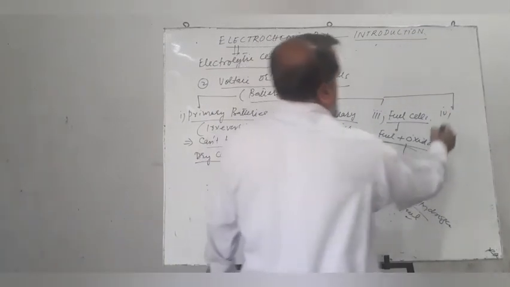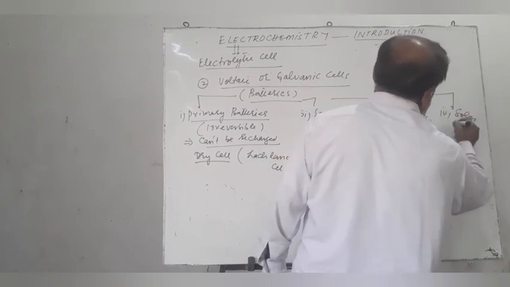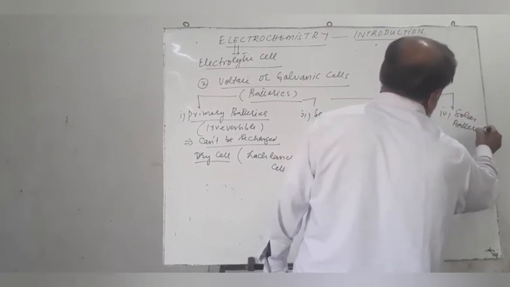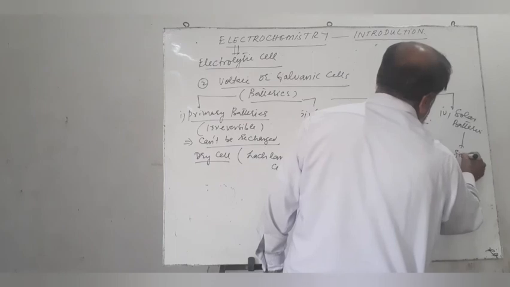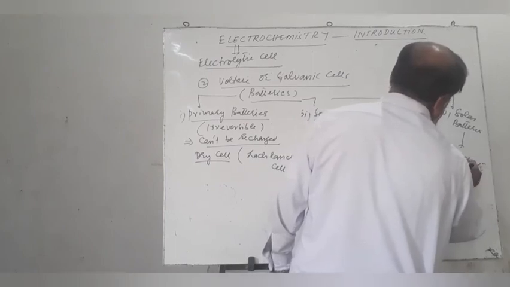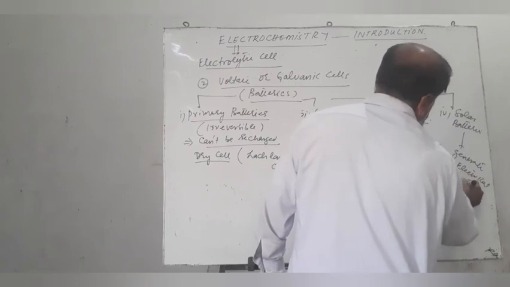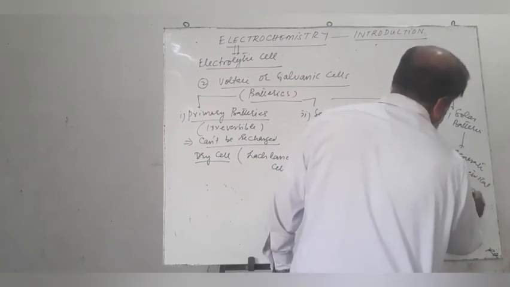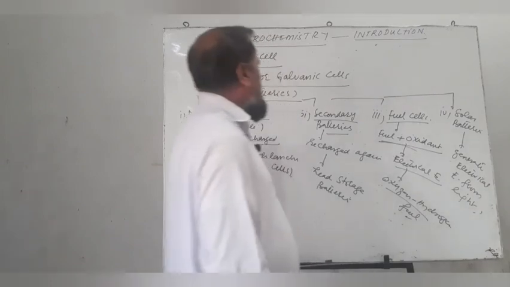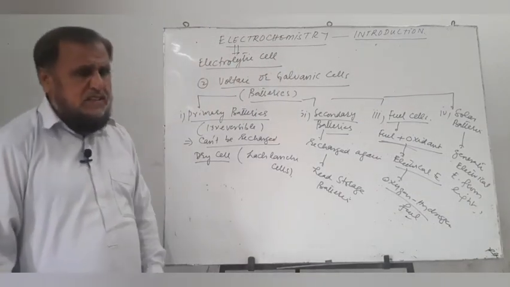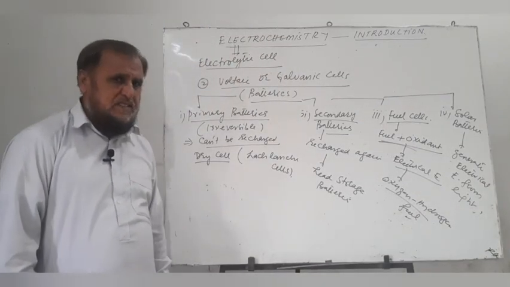The fourth type of batteries are known as solar batteries. These batteries generate electrical energy from light. So these are the different types of voltaic cells or batteries which we commonly face.